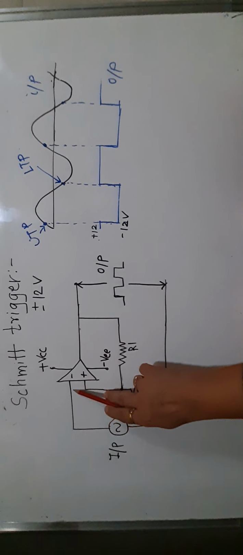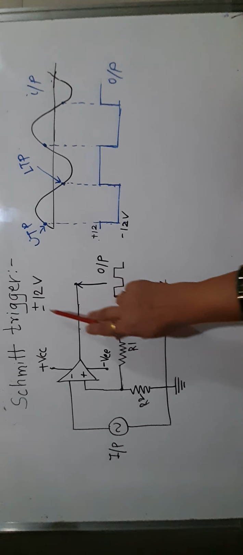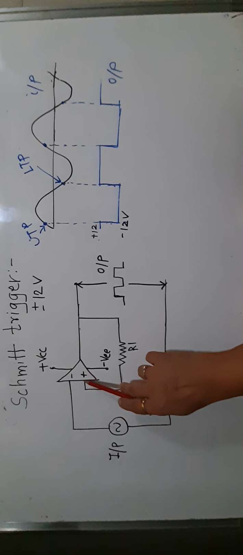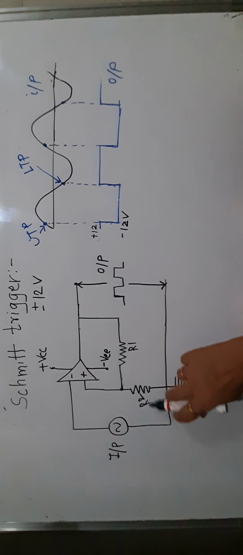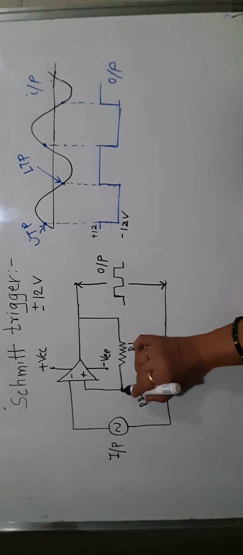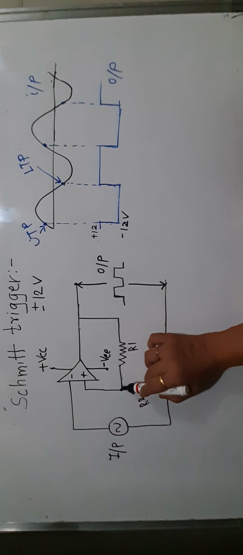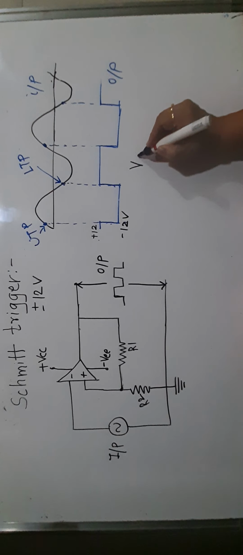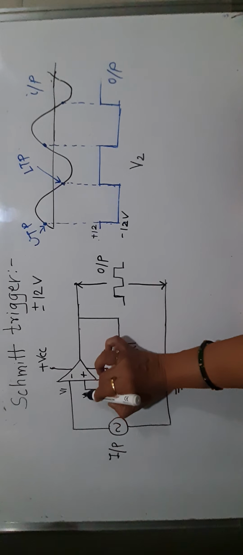Part of the output is given as input to the other terminal, but as a fraction of the voltage. R1 and R2 are connected as a potential divider. We call the input voltage V1 and the voltage fed back to this terminal V2.